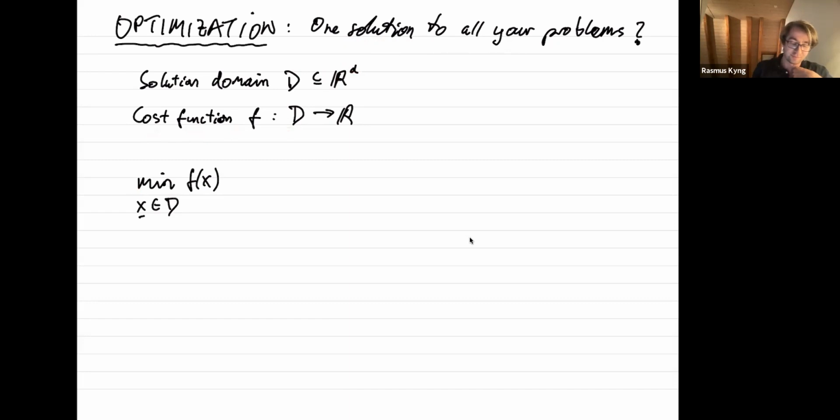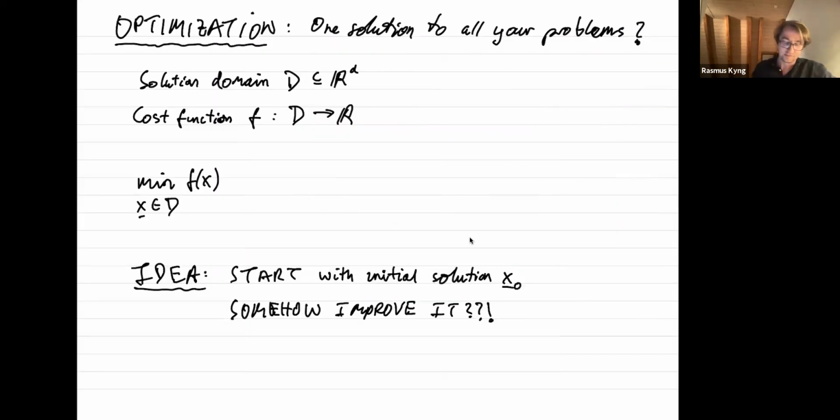And then we're just asking for an X that minimizes the cost amongst all of the solutions. And then the idea is somehow to start with an initial solution, X0, say, and somehow improve it. And that's really not much of an idea, right? We haven't really said anything yet.